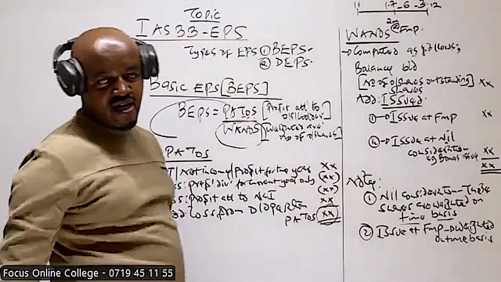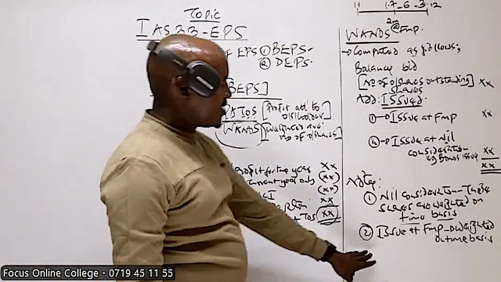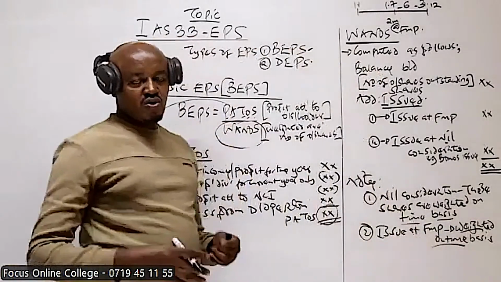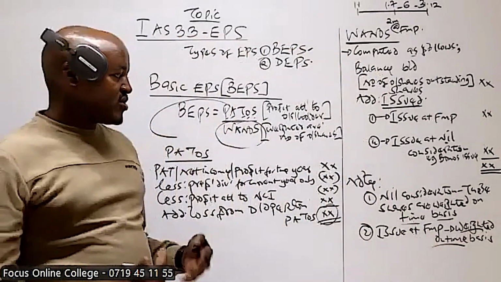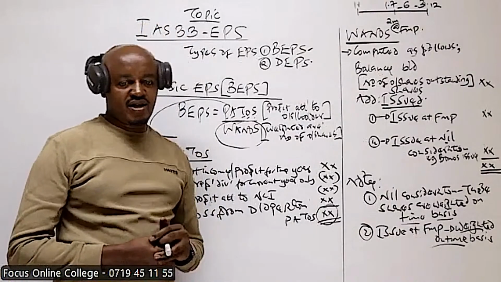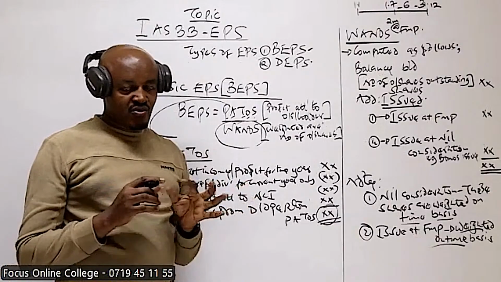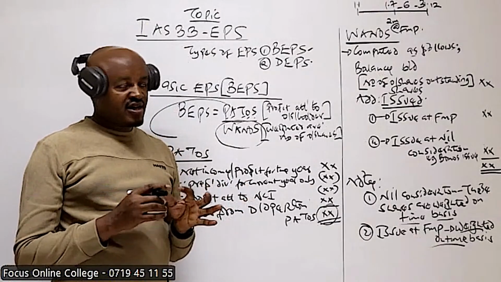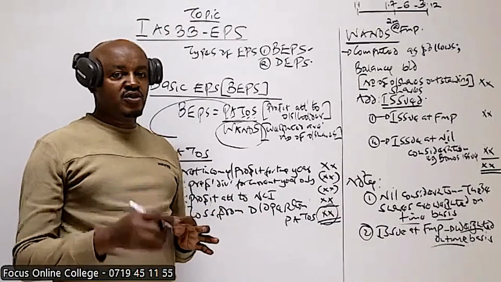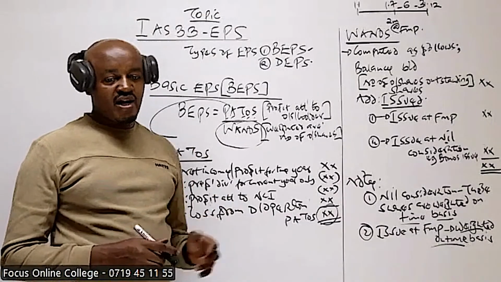We are saying the shares which are issued at full market price must be weighted on time basis. Meaning that these shares should be multiplied with the proportion of time they were held during that year.